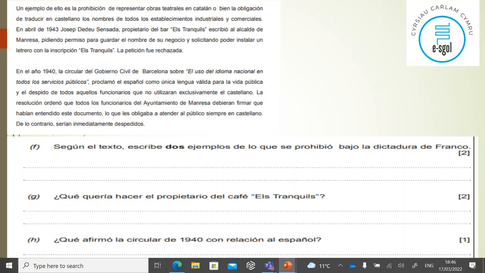So question F. Según el texto, escribe dos ejemplos de lo que se prohibió bajo la dictadura de Franco. Question G. ¿Qué quería ser el propietario del café Els Tranquils? Question H. ¿Qué afirmó la circular de 1940 con relación al español? Take a couple of minutes to highlight in the text where you can locate the answer.